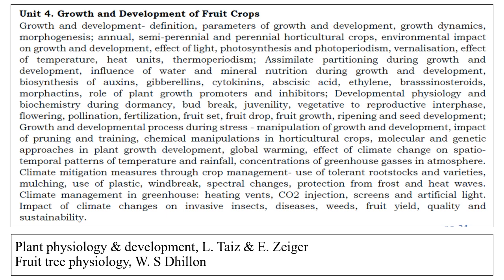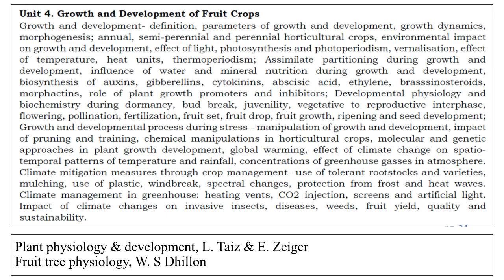So unit 4 is growth and development of fruit crops. For this unit, first of all we have to get an idea about basic plant physiology and development, and also normal growth and development in any plant. For that we have to refer to a basic book. The book by Taiz and Zeiger, Plant Physiology and Development, is a good option.